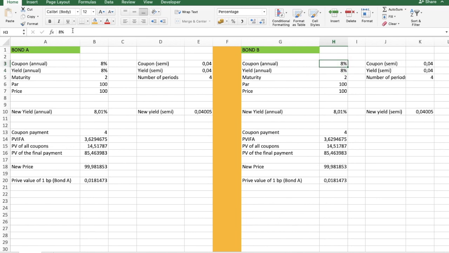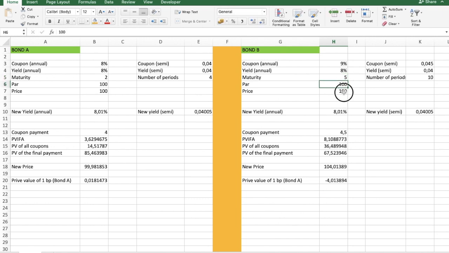Now, I will replace 8% by 9%, and Excel will automatically bring the required modifications on the coupon interest payment. The yield will remain the same. Now the maturity is equal to 5, which means that the number of periods shall increase to 10.